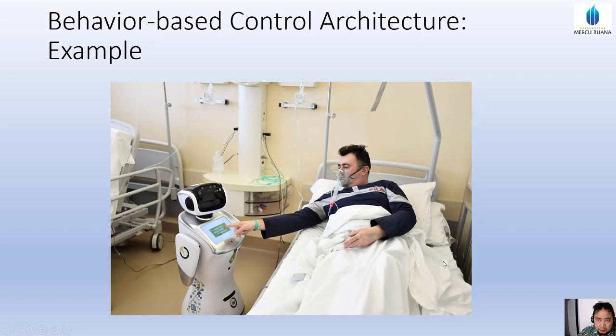One example of behavior-based control architecture is the COVID robot, which is able to go to specific rooms and maybe bring medicine or measure the temperature of patients and so on. With behavior-based control architecture, we can design many mobile robots, including multi-purpose mobile robots as well.